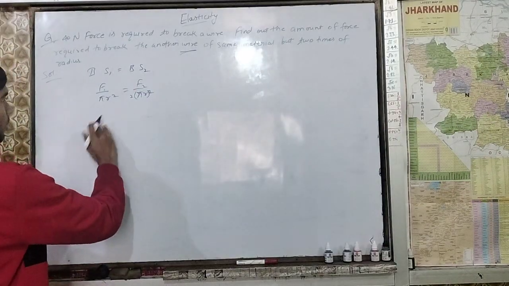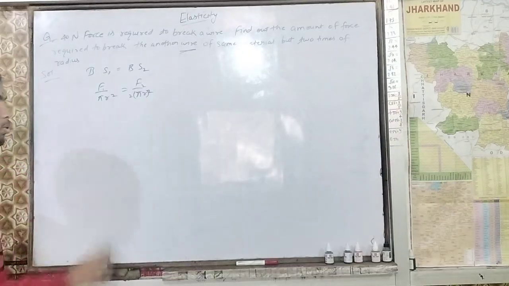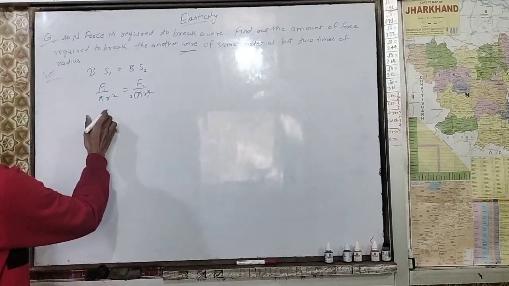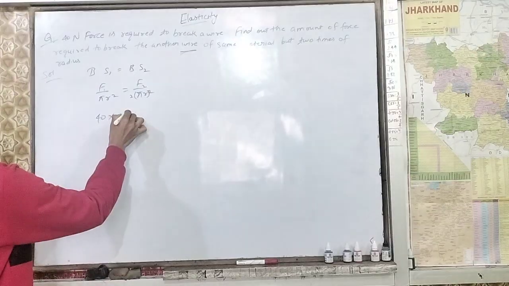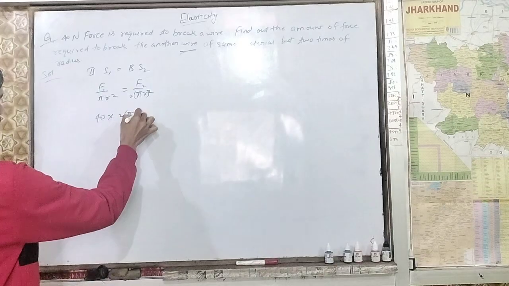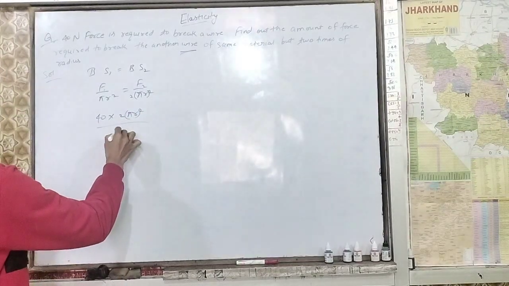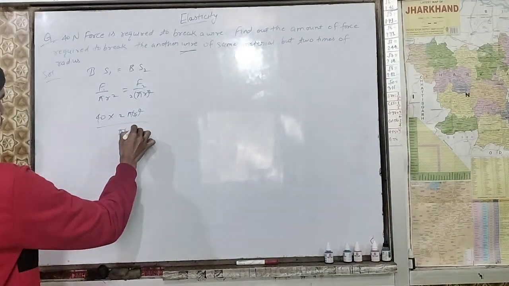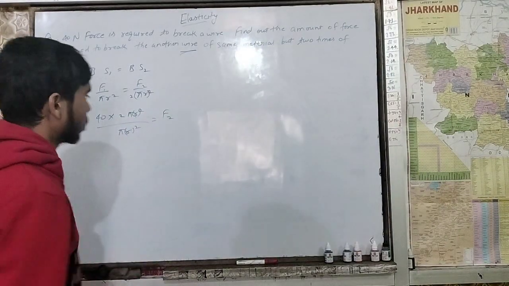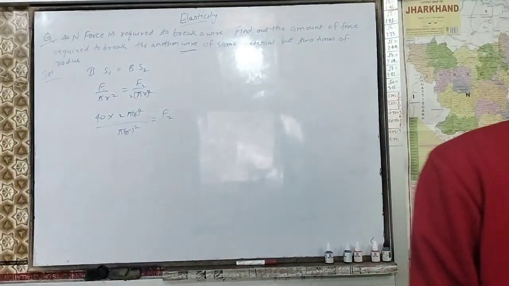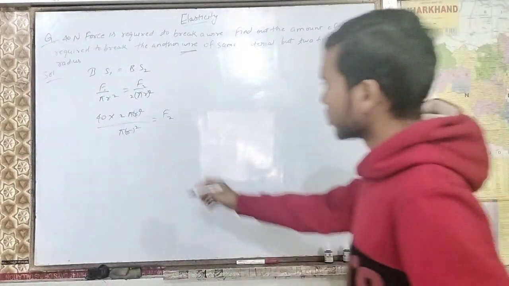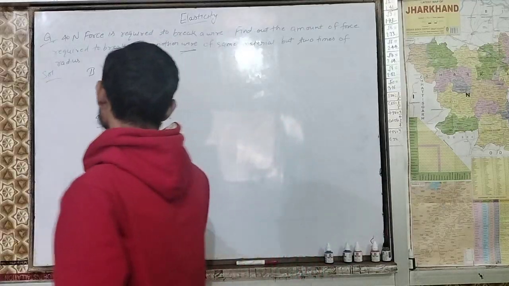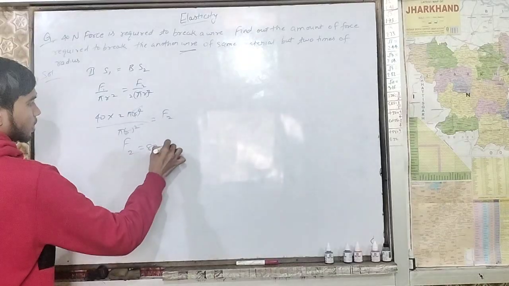This is cutting each other, and for two sides F2 is 80 Newton.